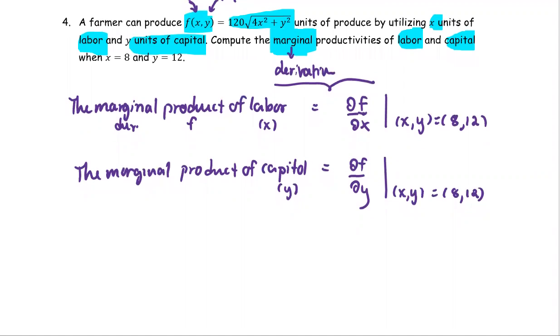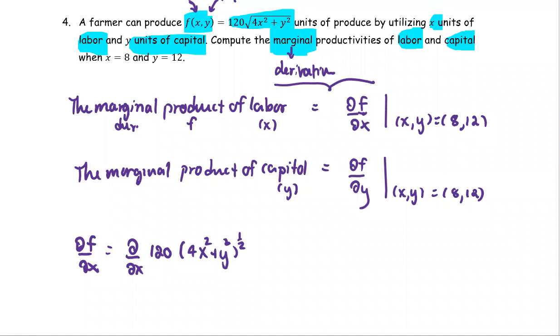All right, so first we're going to find the partial with respect to x. Partial with respect to x of 120, I'm going to write the square root as the power 1/2, because we're going to use the power rule, or the general power rule.